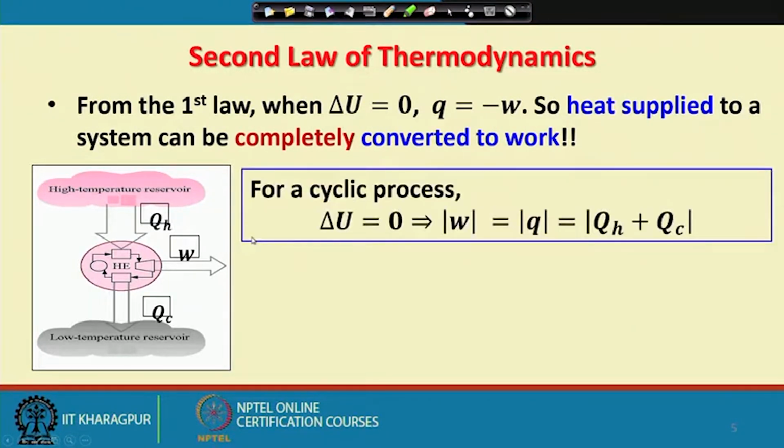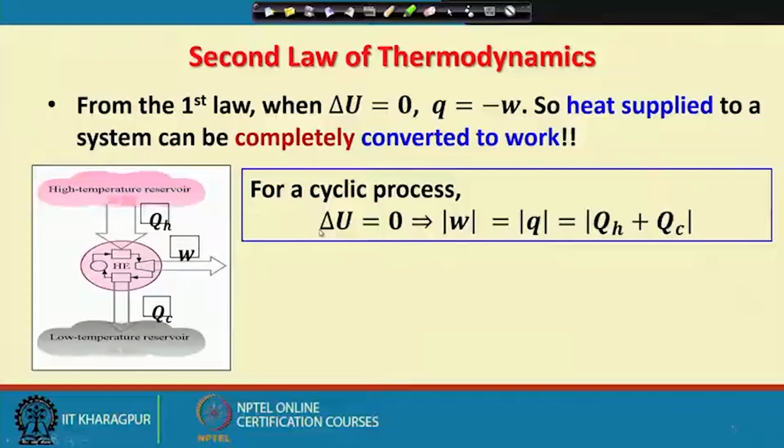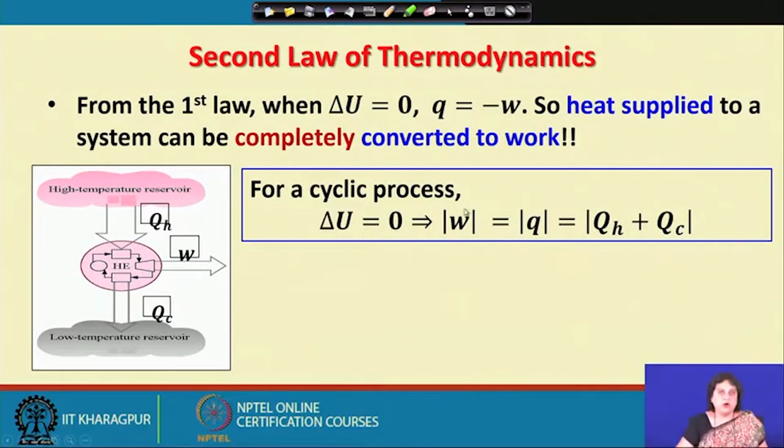Now, once again, this is a cyclic process, and therefore ΔU = 0, and this also means that the amount of work that can be extracted is equal to the modulus of the amount of heat that is supplied, from the first law of thermodynamics. Now, what is the total amount of heat supplied in this system?